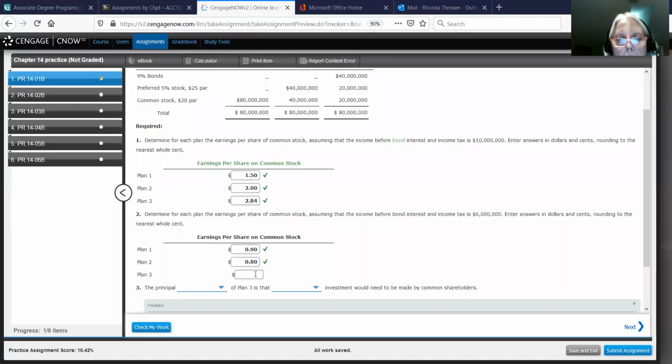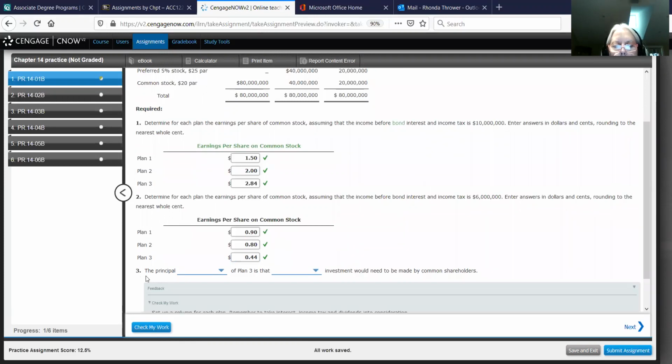So 1 million shares is divided into the net income that's available to the common stockholders, and that gives us earnings per share of 44 cents. So for plan number 3, the earnings per share is 44 cents.